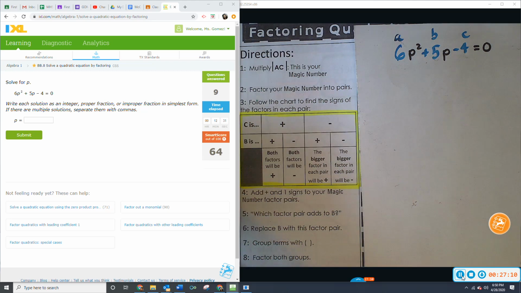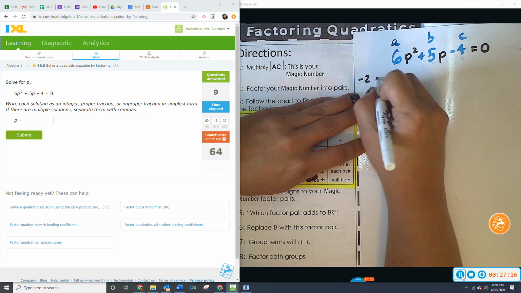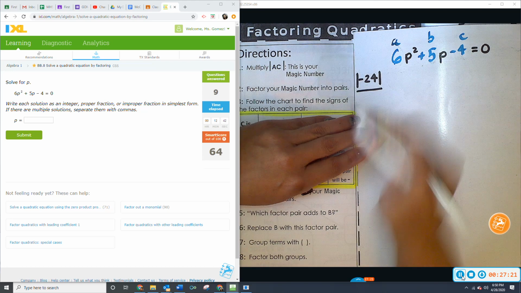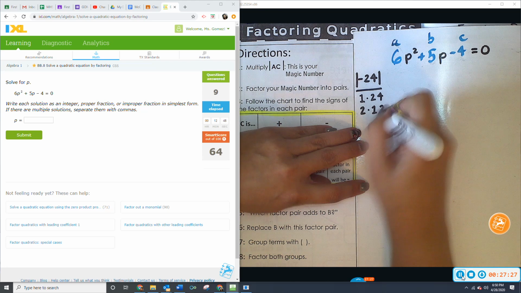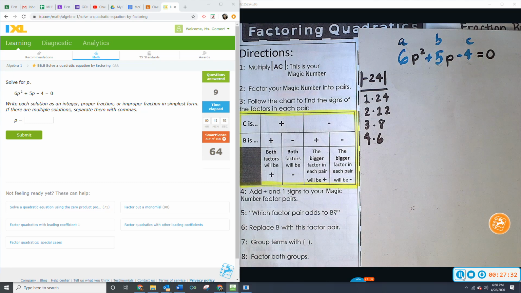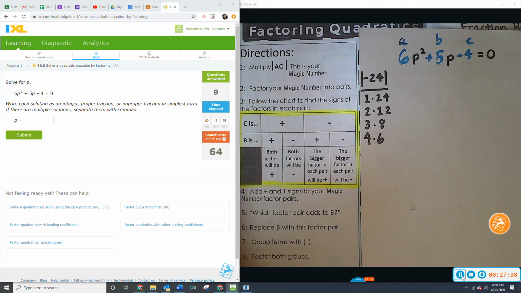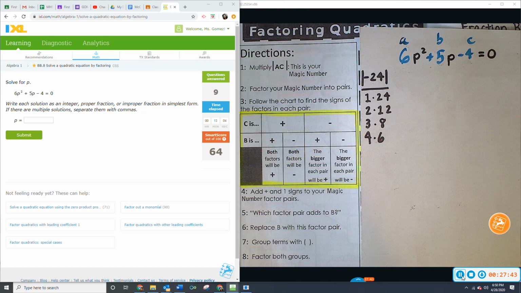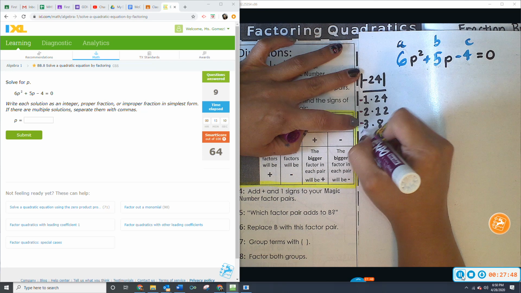So multiply A times C, that is negative 24, but I want factors of the absolute value, so don't worry about the negative. 1 times 24, 2 times 12, 3 times 8, and 4 times 6. Now I'm going to take these and I want to use this little matrix here. So my C is negative, my B is positive, and it says the bigger factor will be positive. You know what? I'm just going to take care of that right now. So that means all of these are negatives. And these are positive.